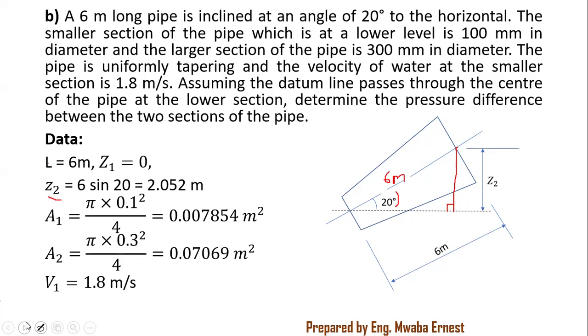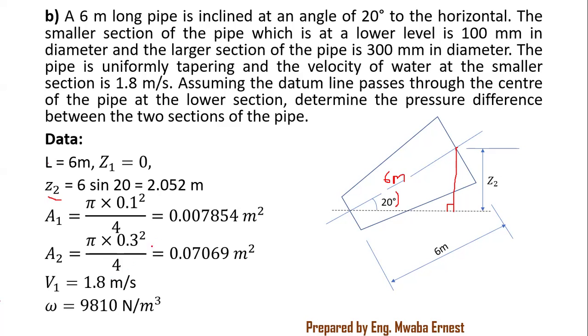Velocity 1 at the lower end, at the smaller section, is 1.8 meters per second. Specific weight: there is no mention of specific weight, it's silent. Then where is this number coming from? Because it hasn't been given, where has it come from?